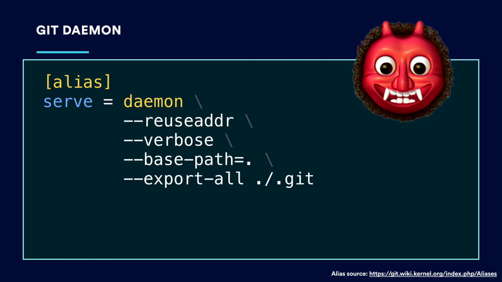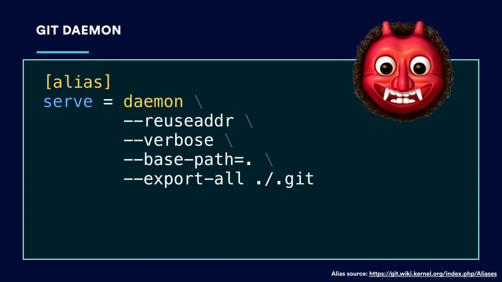So a little known feature of Git is that it actually ships with a built-in Git server called the Git daemon. Now the daemon will actually serve your local Git repositories on your network so other developers can clone from you directly rather than having to go via a hosting provider like Bitbucket.